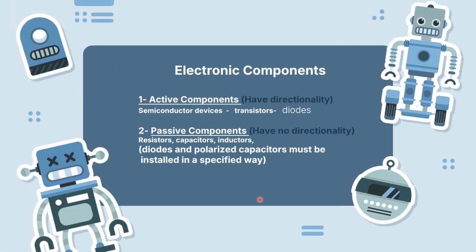In electronics, we generally have two categories of components: active components and passive components. Components that require a driver or trigger to activate, we call them active components, such as some semiconductor devices, transistors, diodes.